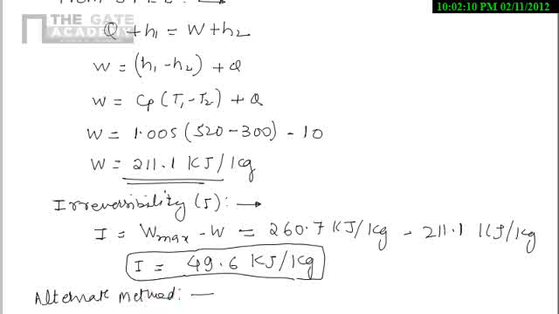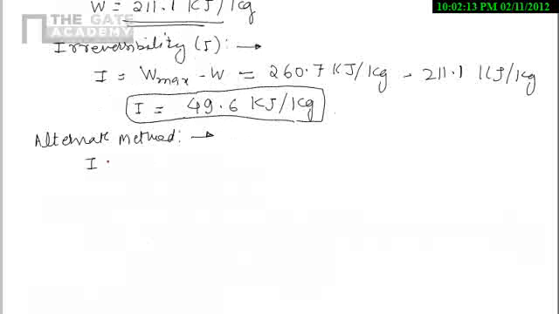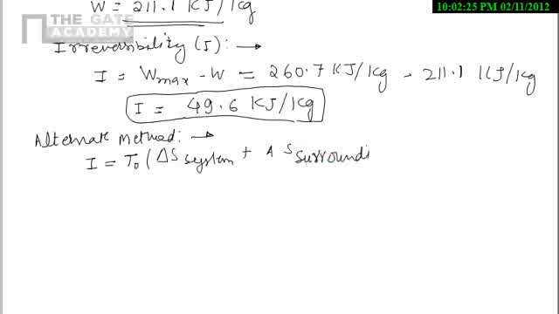In this alternate method we will apply the formula I equals T naught, this for the universe, delta S system plus delta S surrounding.